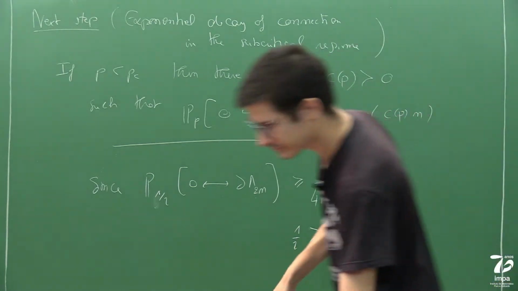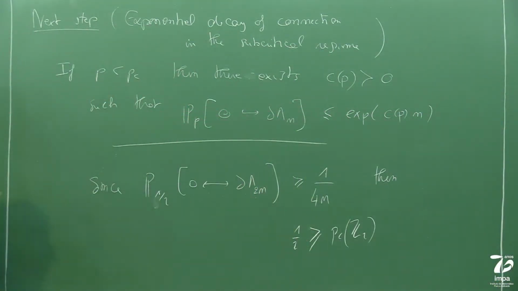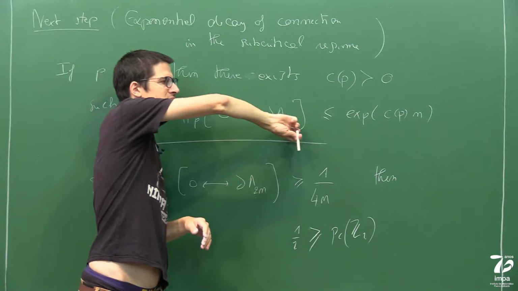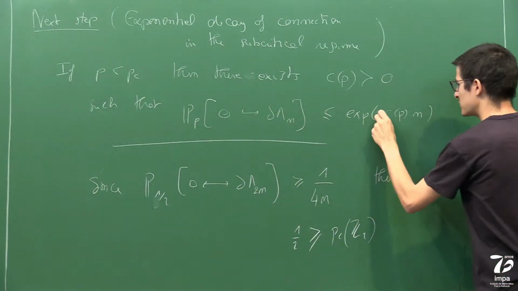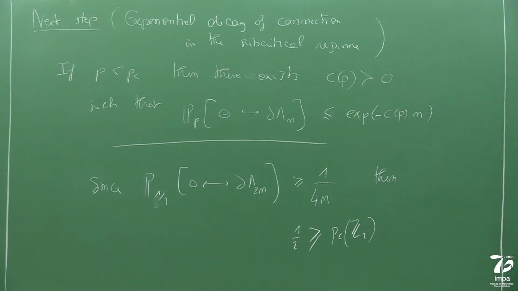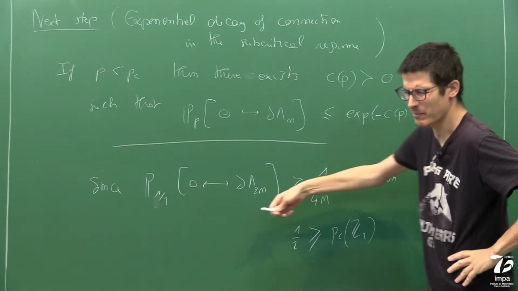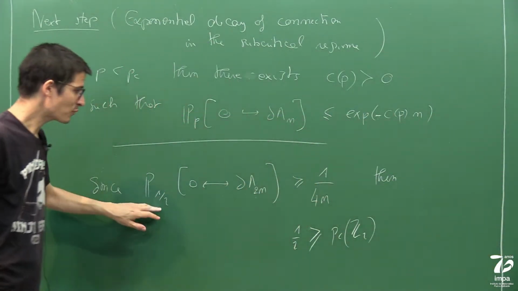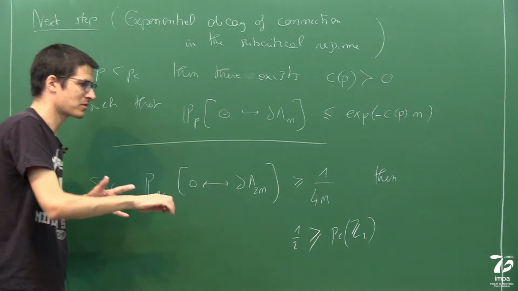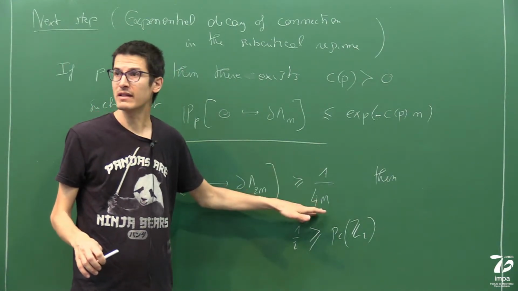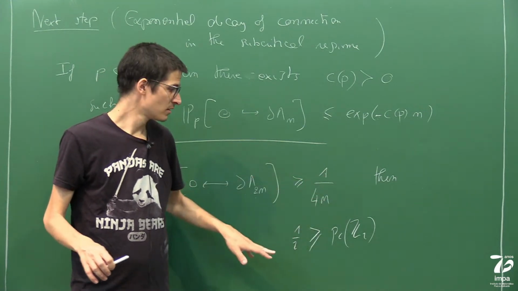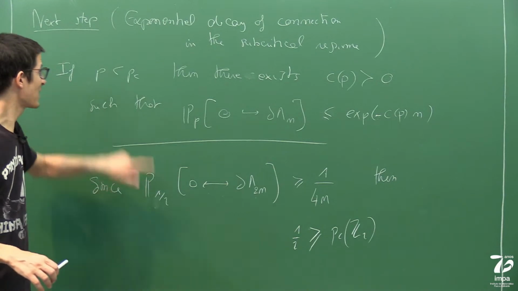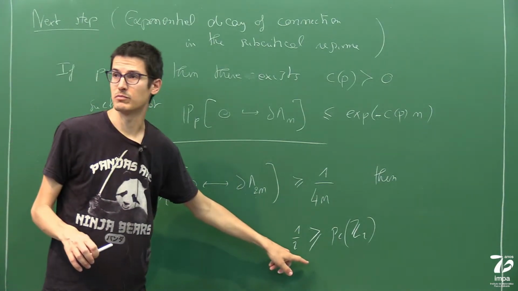We know that when p is strictly smaller than p_c, the probability of having a connection of length n is exponentially small in n. Now this makes sense. We had seen last time, and I will come back to this argument actually to prove something better, that at 1/2, the probability of being connected to the boundary of the box was larger than 1/n, up to a constant. So therefore, it means that 1/2 cannot be smaller than p_c, so therefore it's larger than or equal to p_c.